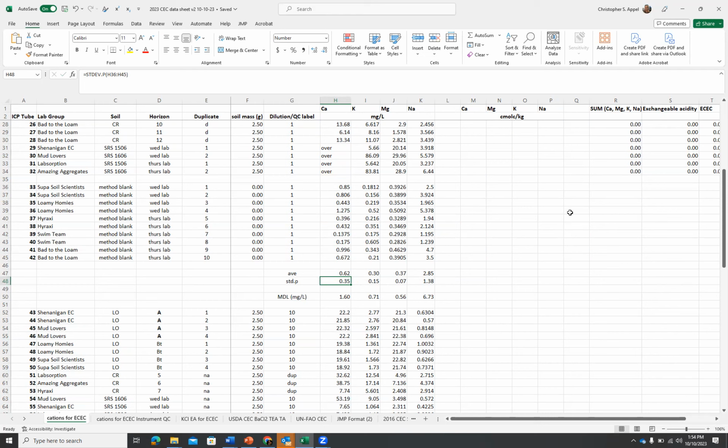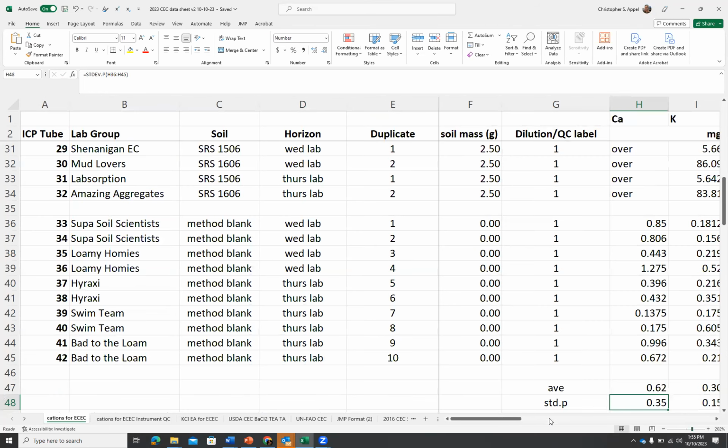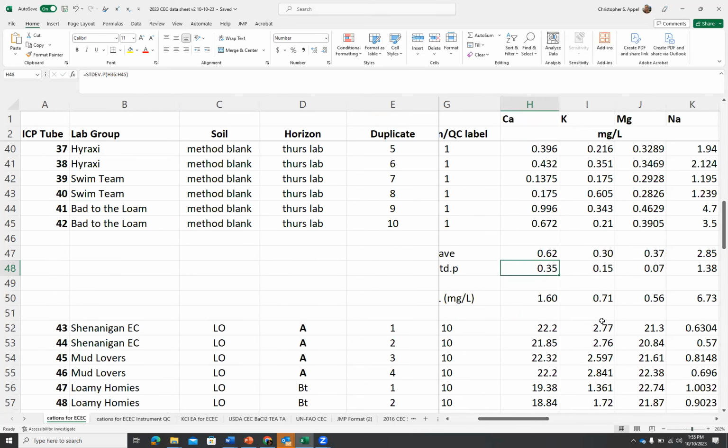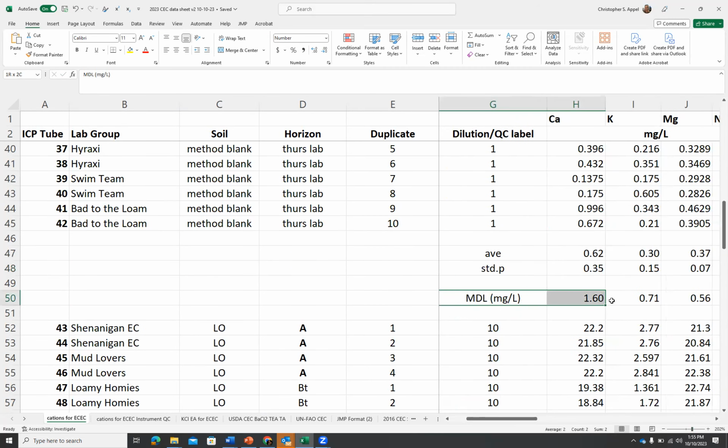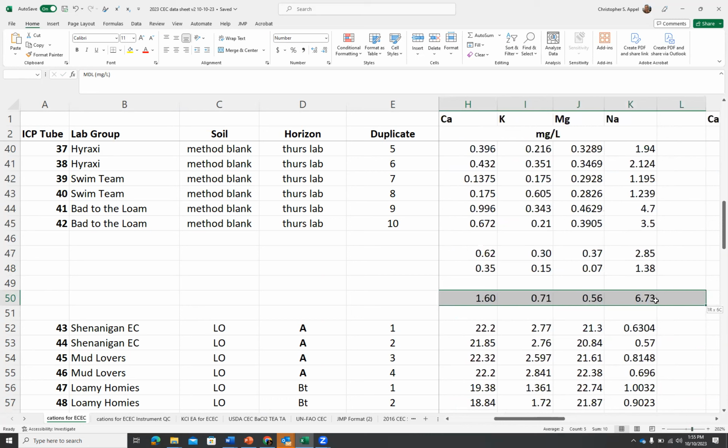So then what you can do is you can take these values that we just calculated for the method detection limit, and I'll make it bigger. Right, these values here, they are all in milligrams per liter, and you can plug them into the table.